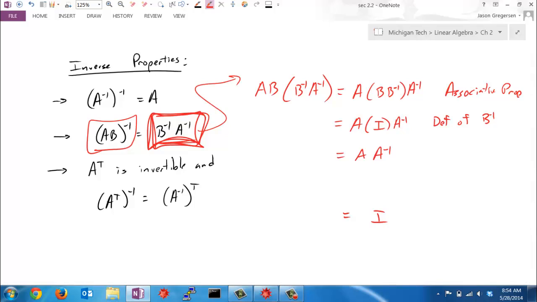A lot of these seem kind of trivial, right? But we actually need properties to make sure this is true, and so we should justify each one of these steps formally. This is the identity property. We have a property that says identity times a matrix is just the matrix. So this is the identity property of matrix multiplication. And then lastly, A times A inverse is what? Identity. Because why?